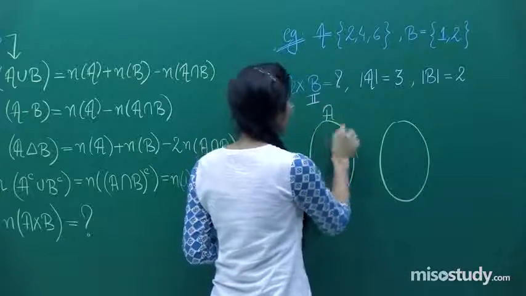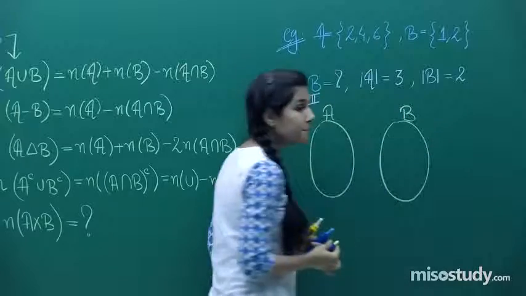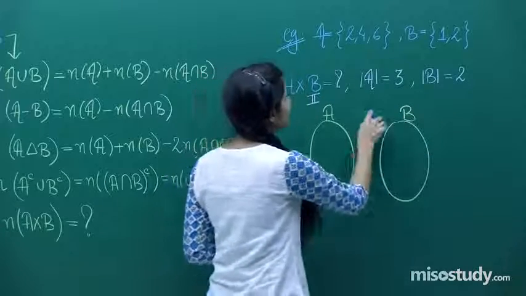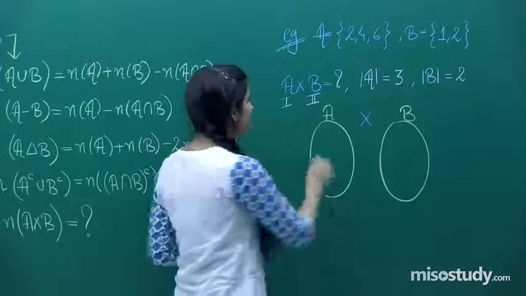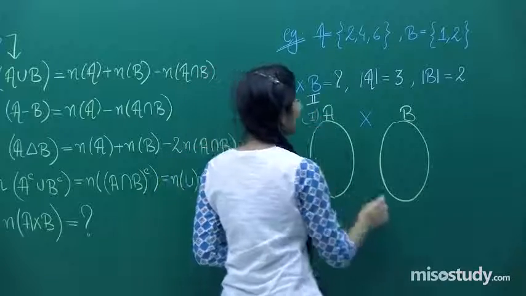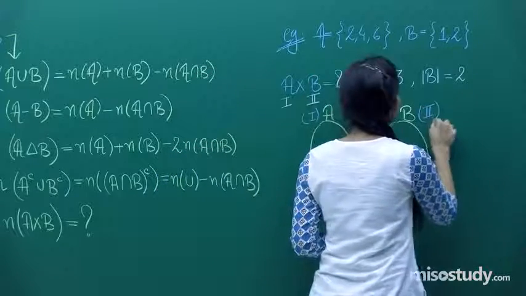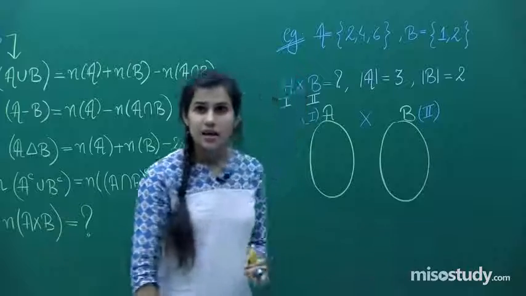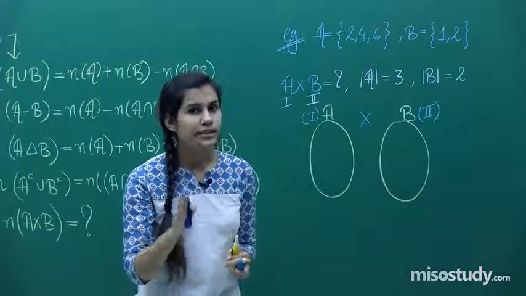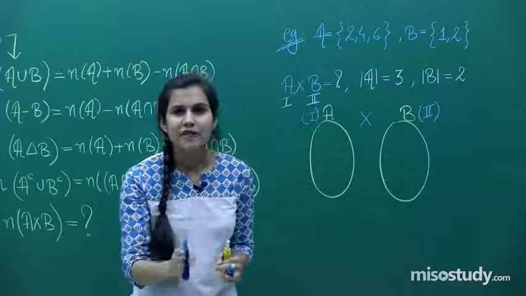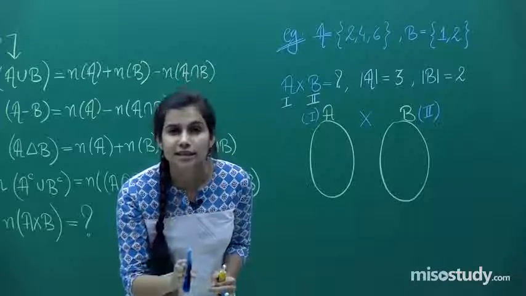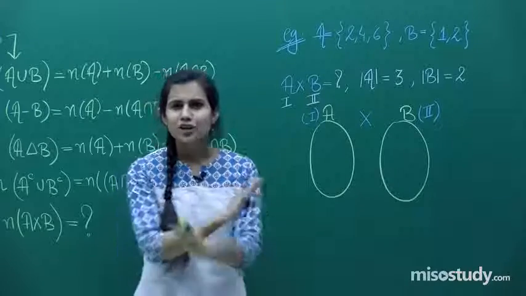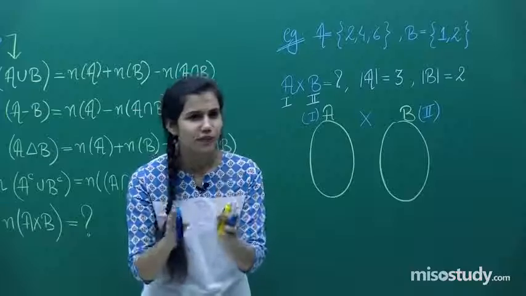This is my set A and this is my set B. I am interested in its Cartesian product, wherein I know my A is the first set and B is the very second set. The moment you order the sets, you already have the elements ordered. There is no hustle, no fuss about the ordering of the pairs.